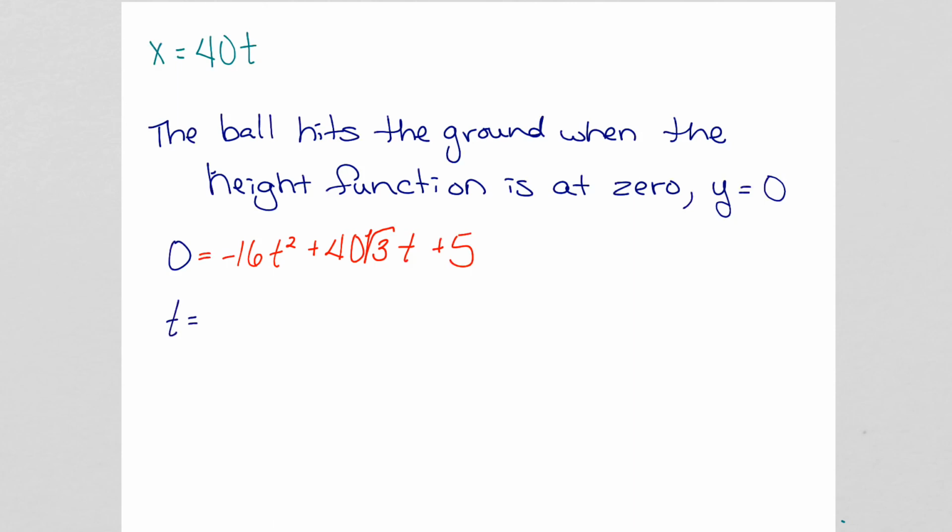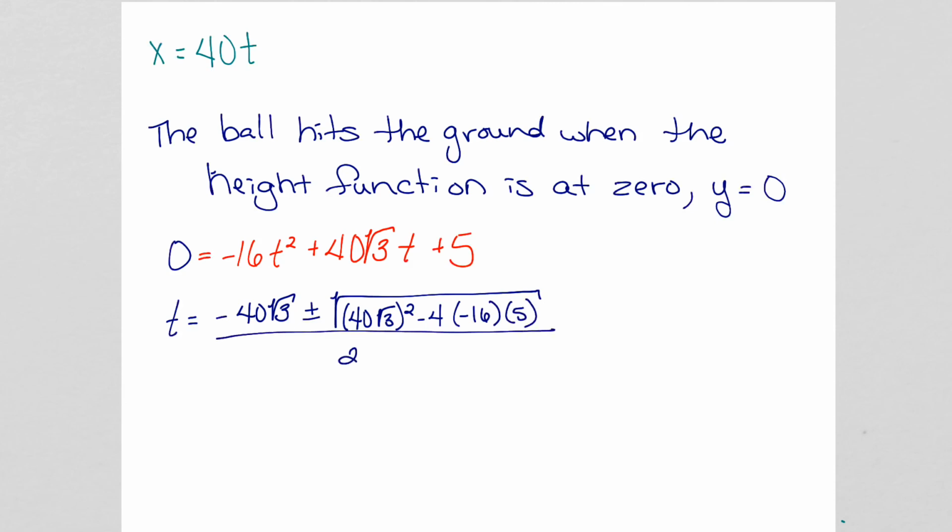So t will be negative b plus or minus the square root of b squared minus 4 times a times c, all over 2 times a.